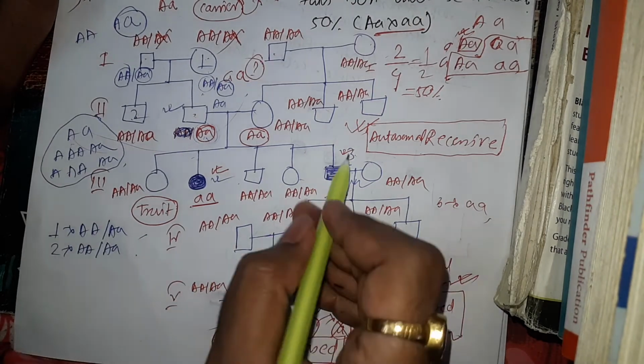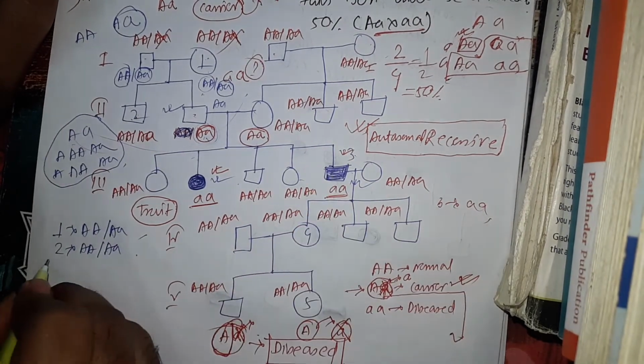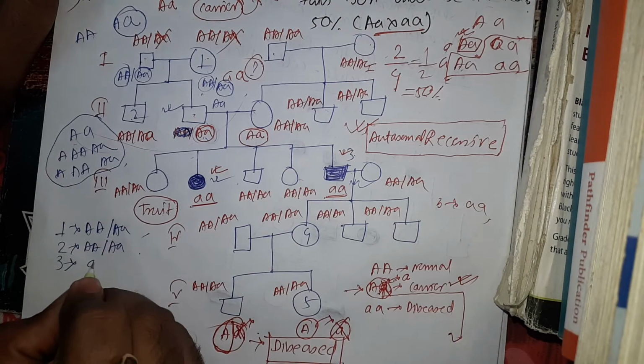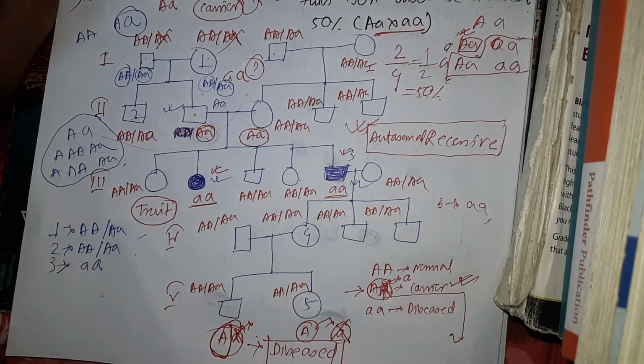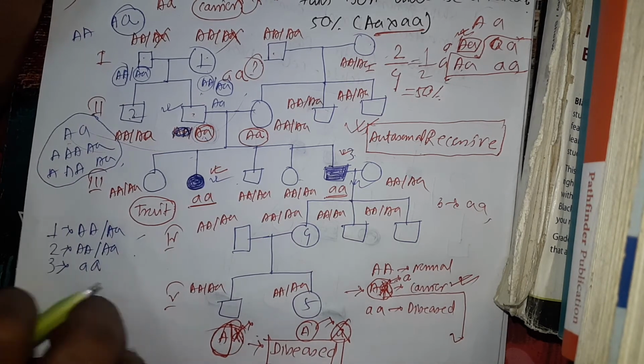Now come here. In case of individual 3, as it is filled, we can conclude blindfolded that it is small a small a, as it is an example of autosomal recessive, and I have told you that small a simply tells us that the individual is diseased, right?